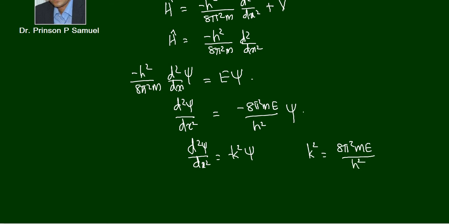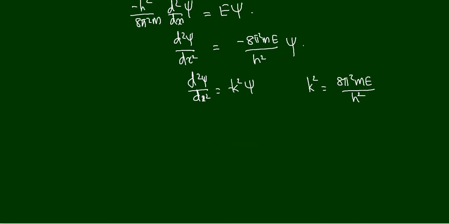Okay, so let me write it again: d square psi by dx square plus k square psi is equal to 0.